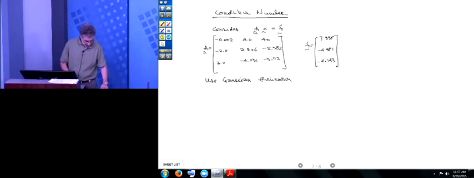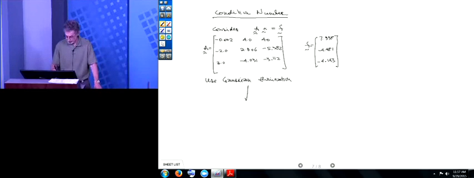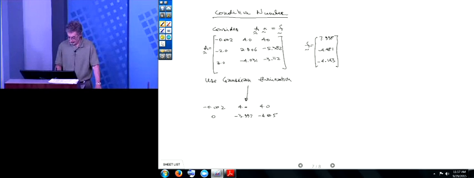So suppose we use Gaussian elimination, and we arrive at a matrix that reads something like minus 0.002, 4.0, 4.0, 0, minus 3.997, and minus 4.005, and then I have 0, 0, 13.